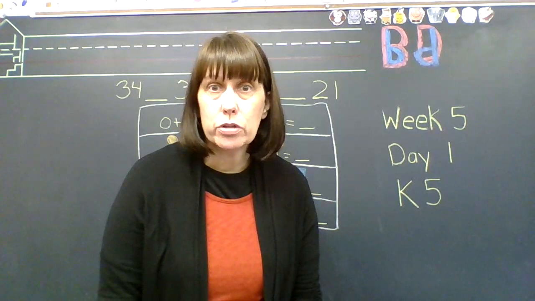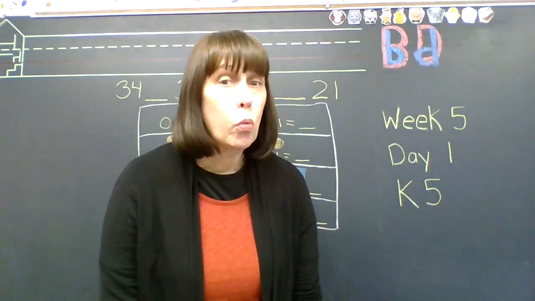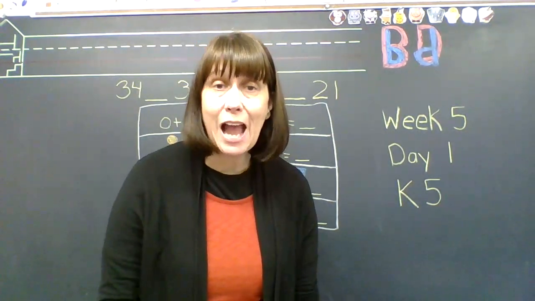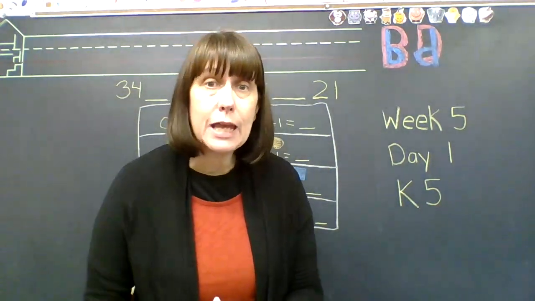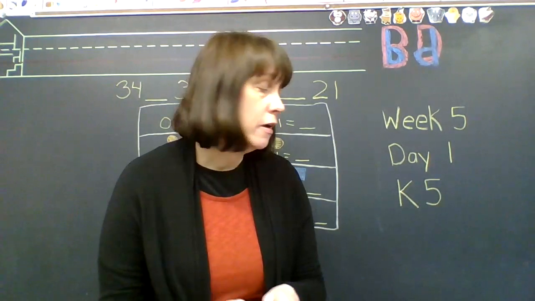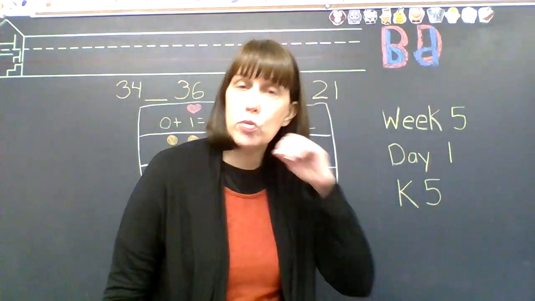Very good, boys and girls. Now, just like the nickels, we can count dimes without actually counting dimes. All right, what do we count by? We count by tens. All right, so let's do some of those together.